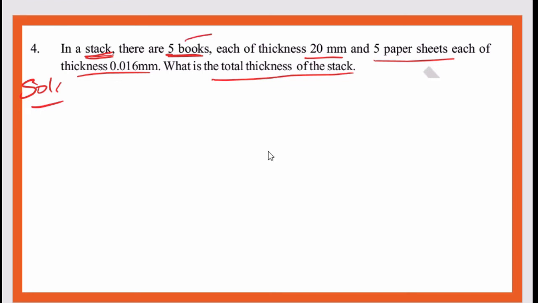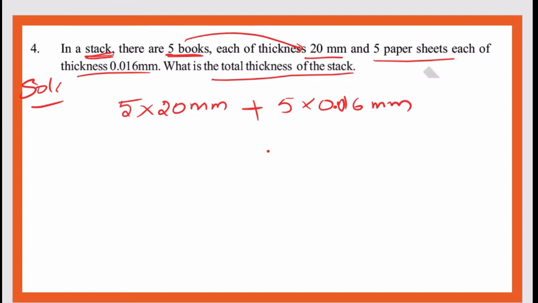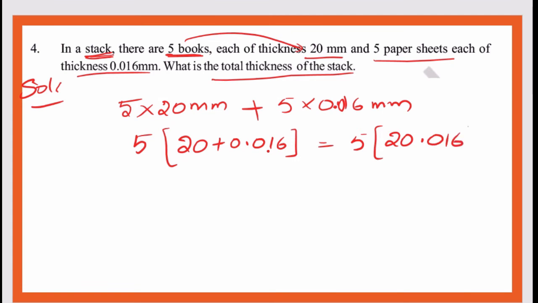See here, there are 5 books, each having 20 mm thickness, and 5 paper sheets having this much thickness. Then what I can do directly, the total thickness is nothing but, each book is 20 mm, so 5 books, so 5 into 20 mm plus 5 papers, each having 0.016 mm. Now what can I do? I can take 5 as common. So I can write 5 into 20 plus 0.016, which is 5 into 20.016.